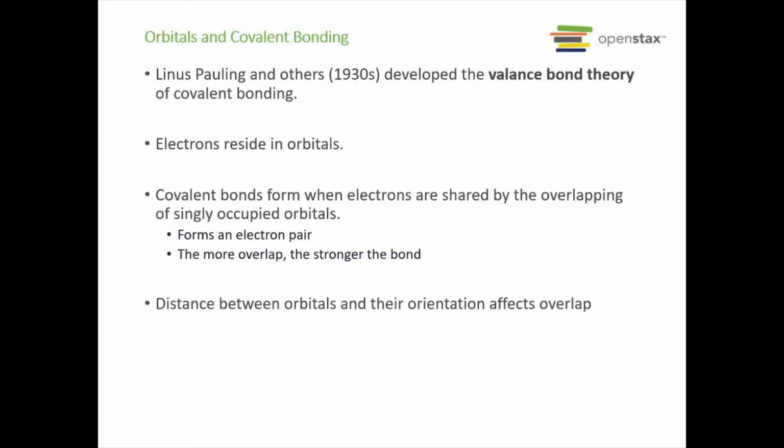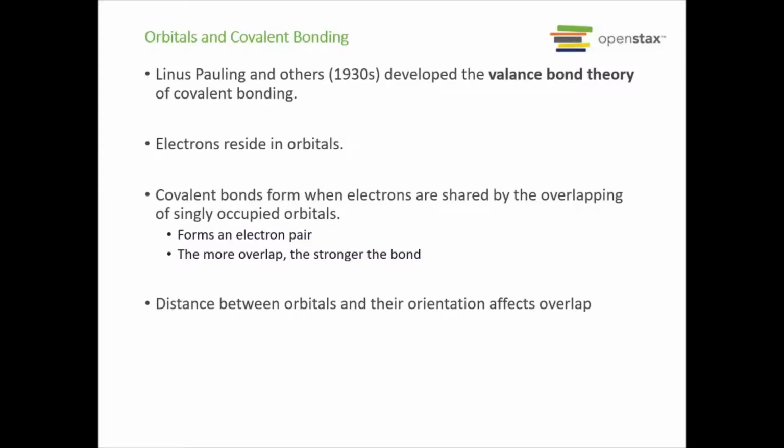So in the 1930s, Linus Pauling and some others developed valence bond theory of covalent bonding. We know that electrons reside in orbitals, and covalent bonds form when the electrons are shared by the overlapping of singly occupied orbitals. So an s orbital with only 1 electron in it can overlap with another s orbital with 1 electron. This forms an electron pair.